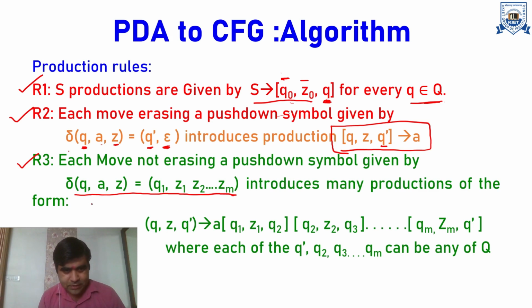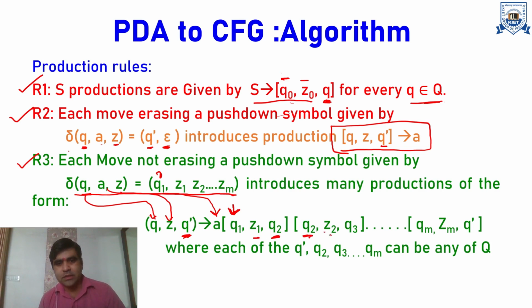Now if you look at this, this first Q comes here, this Z comes to the middle, and this Q dash will take all values from the capital Q. It derives A, which comes to this side. Then these triplets: this Q is fixed and will always start from Q1, then Z1, Q2. Because you are ending at Q2, you then start again from Q2, Z2, the second push down symbol, then Q3.